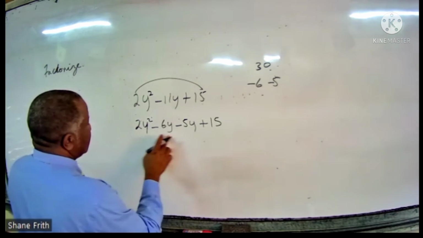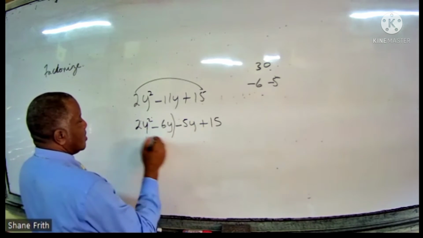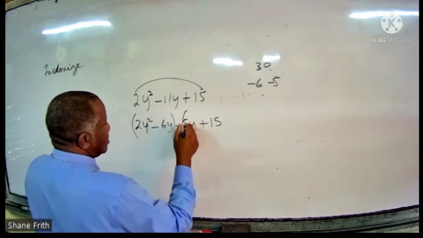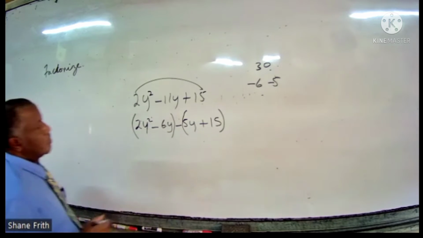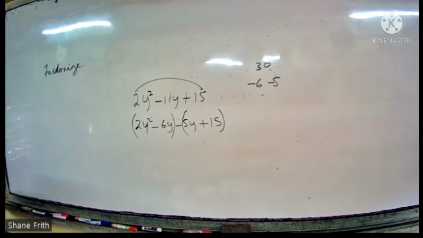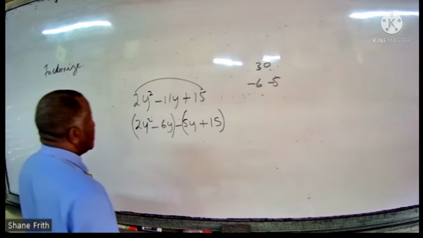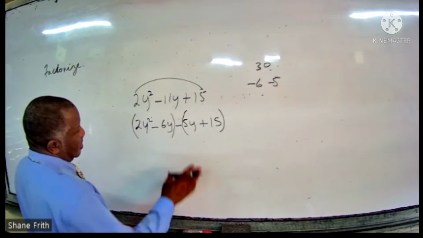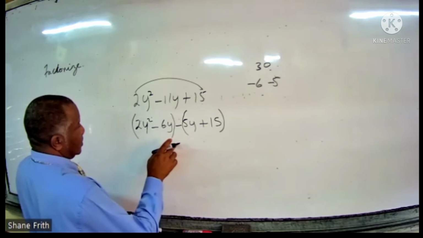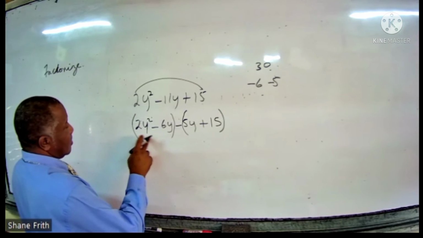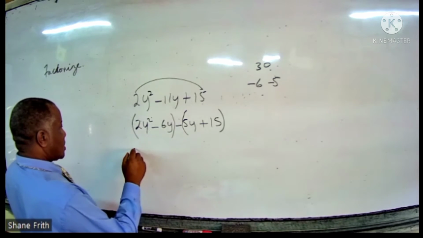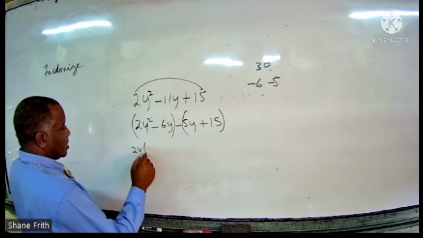So now if you look at our group here, and our group here, all right, so I could just factorize. The common factor here will be 2y.